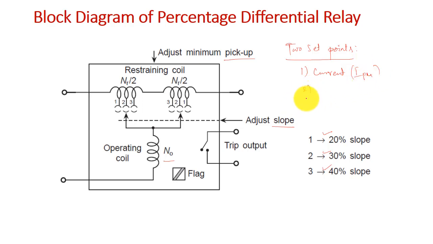And the second one is your percentage bias setting. This current setting we can do by adjusting the spring in the relay, and this percentage bias setting we can do just by adjusting the tap position of the restraining coils, right? Okay.